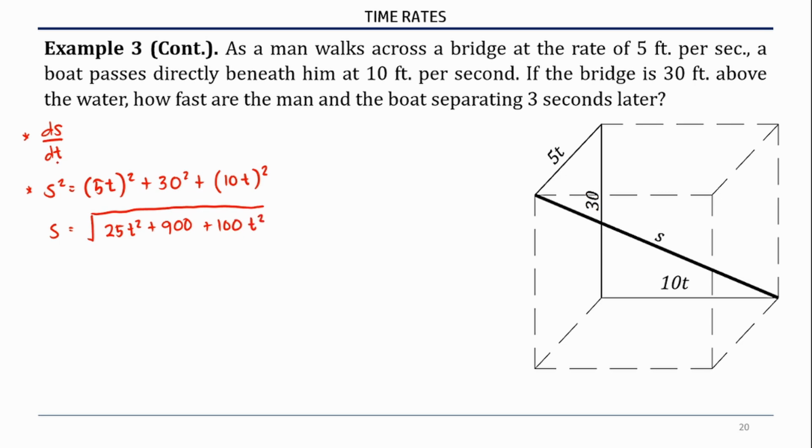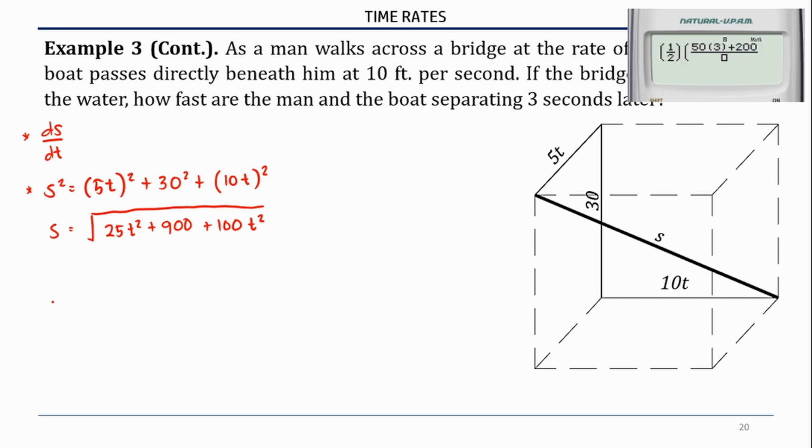So, ang hinahanap ay yung derivative of s with respect to t. So, kunin lang natin yung derivative. We have derivative of s with respect to time. By general power rule, 1/2 times yung chain rule. We have 2 times 25 ay 50 times t plus the derivative of a constant is 0 and then 200 and may 1 t. Okay.